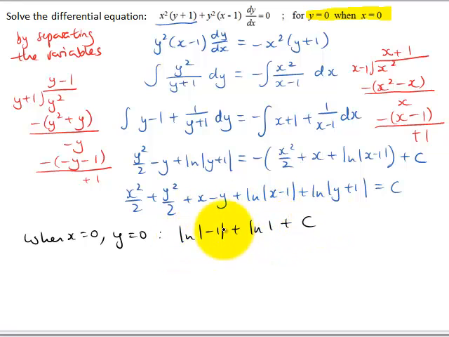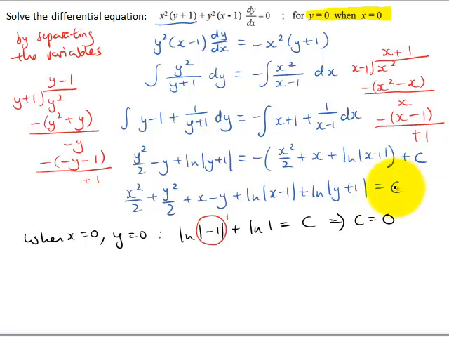Now ln of the absolute value of negative 1 means it's positive 1. So ln of 1, if you press the calculator, or you already know, is 0. Ln of 1 is 0. So I made a mistake here. It should be equal. So with that, I can tell that c is 0.